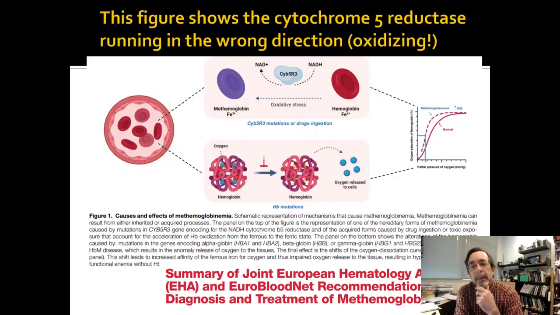The other thing I like about this is it shows you a hemoglobin binding curve. And notice that when you have the blue hemoglobin, the curve is shifted up, because iron 3 has a higher affinity for O2 than iron 2 does. If you have a population of molecules with more iron 3, the overall oxygen binding of that population will be shifted up.